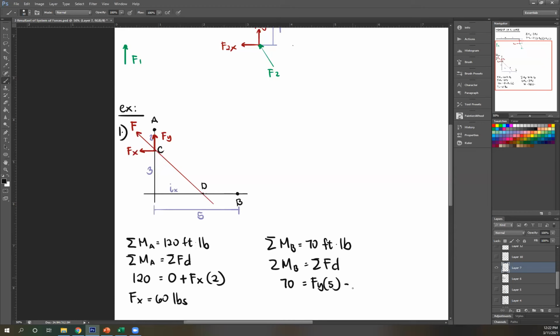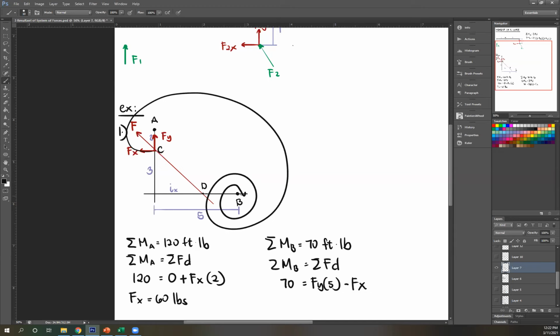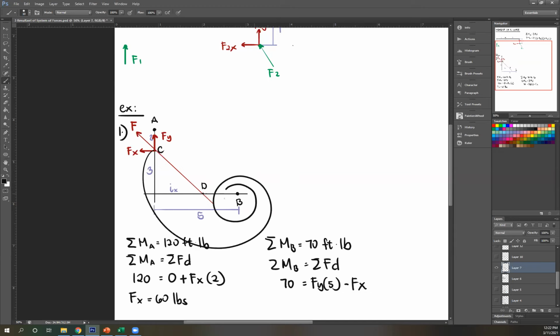As you can see, that's counterclockwise. So minus Fx. How do I know? Well, if I rotate it this way, it's taking a longer route than just doing it this way. This just goes straight down. This goes up, then goes down. So take the shortest path.